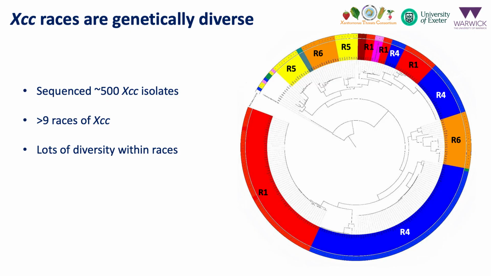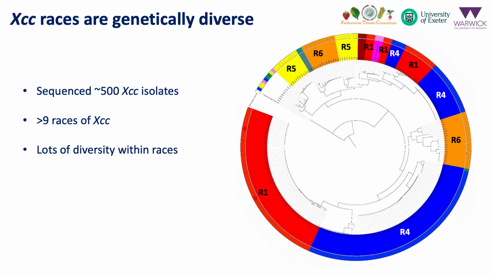This is because XCC, or Xanthomonas campestris, is a complex pathogen. By complex, I mean you can see here we have around 9 races of XCC, and within each race we have different strains.